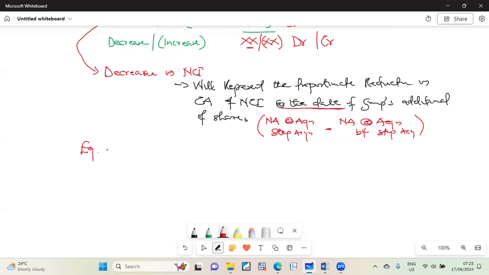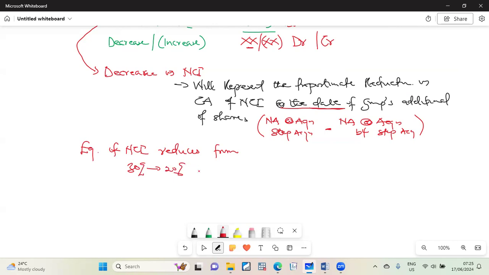So let's say, for example, if NCI reduces from, let's say, 30% to 20%, then how do we find the proportionate? What we are going to do is this.